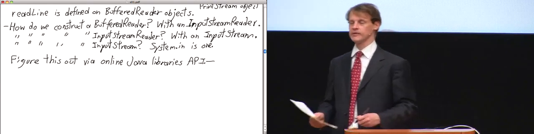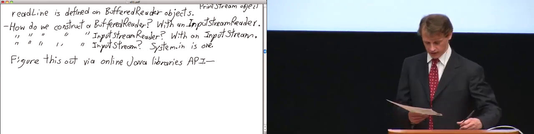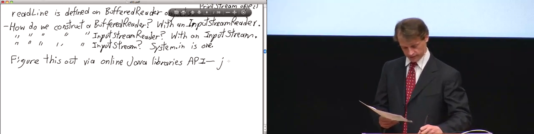Specifically, the Java API has many pieces, but in particular, there's a library called java.io where you can find this stuff.